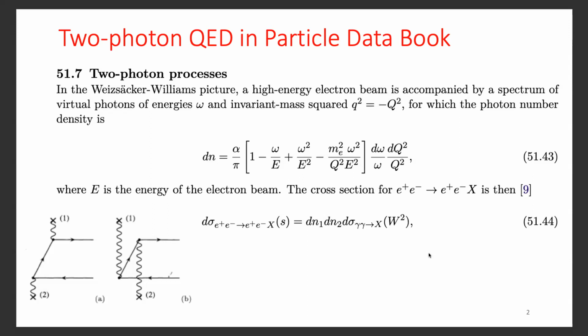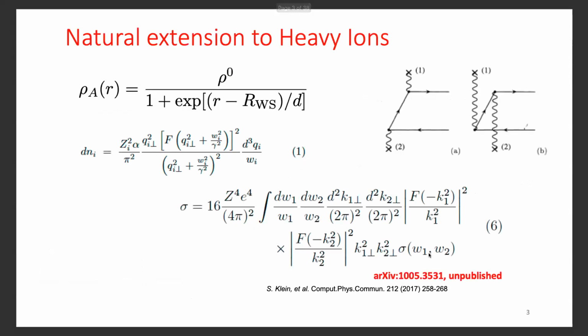So you would think naively it's a very easy, natural extension to heavy ions. You use the Woods-Saxon distribution, and then the photon flux will be just the Fourier transformation of the form factor, and the cross section will be just these 2 form factors together.